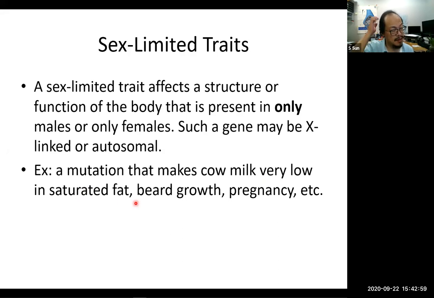This is a good thing, right? Because with less saturated fat, we may have more unsaturated fat, and some unsaturated fat may provide the essential fatty acids. So that's a good thing. But this will only affect the female, not the male. So these are sex-limited traits.